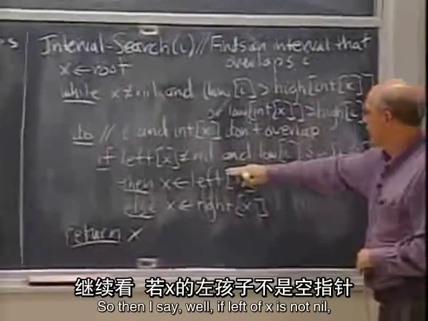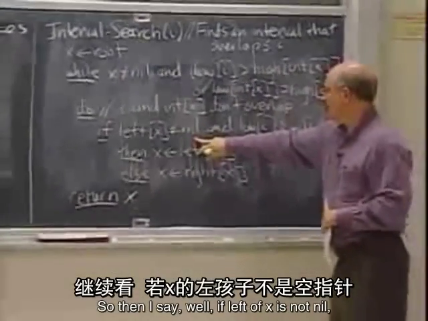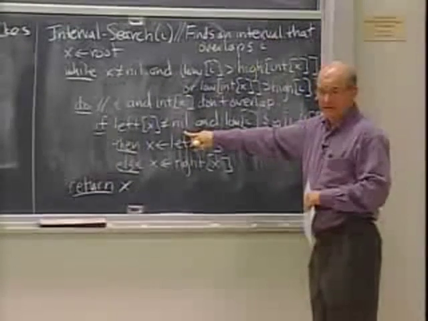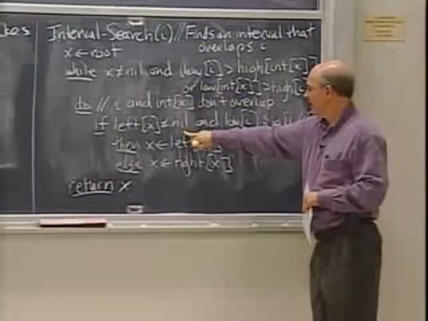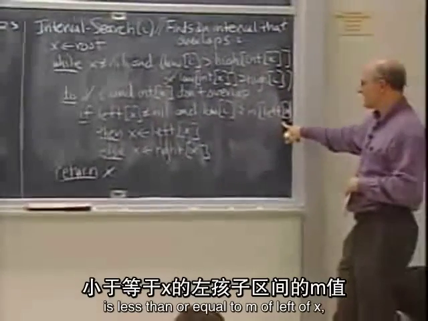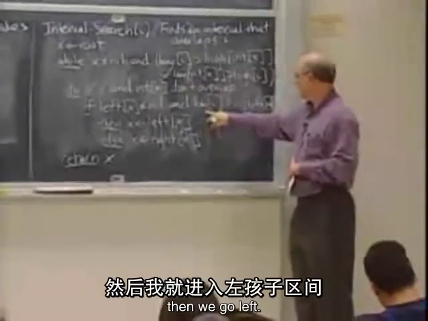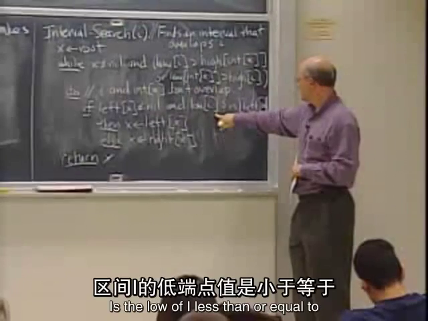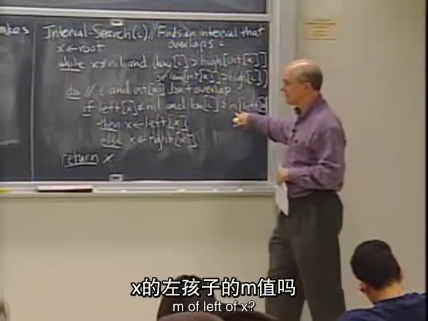So then I say, if left of x is not nil, in other words, I've got a left child, and low of I is less than or equal to m of left of x, then we go left. So what happens in this case if I'm searching for 14, 16? Is the low of I less than or equal to m of left of x?